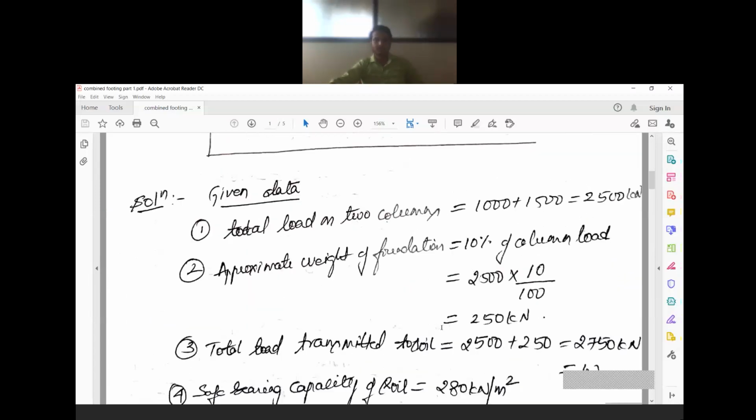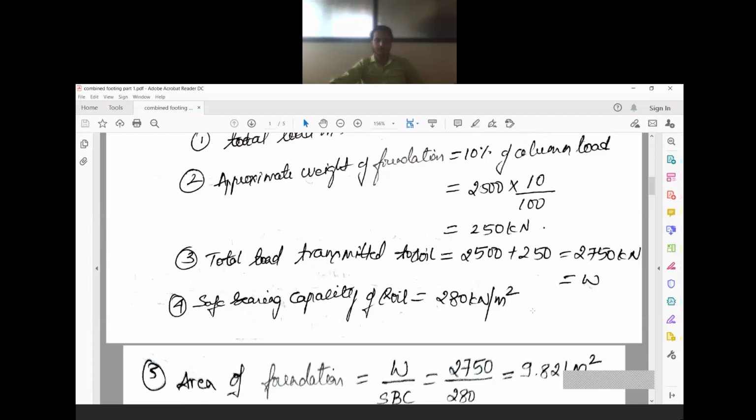In the question, what they have given is 2 point loads. So I will take total column load, and then I will take the approximate weight of foundation, which is 10% of column load. 10% of column load is 250 kilonewton. So total load transmitted to soil is 2500 plus 250 kilonewton, which is 2750 kilonewton.